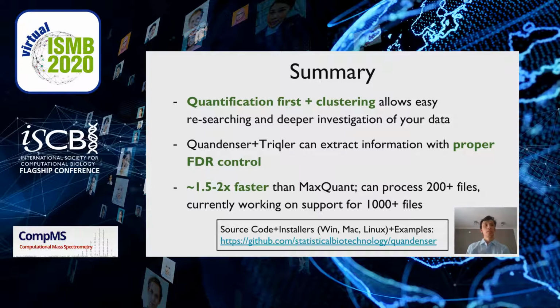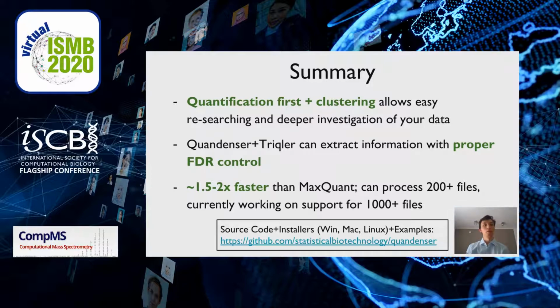We also saw that Condenser together with Triqler had a very high sensitivity, and this allowed us to extract information using actual FDR control thresholds rather than using some kind of p-value cutoff, which isn't as reliable.